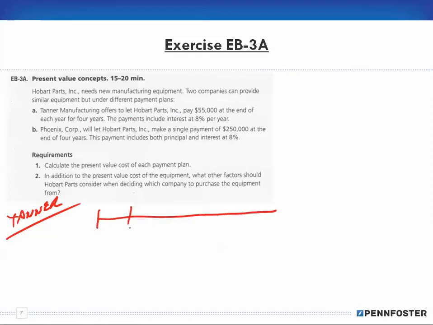So here's year 1, here's year 2, here's year 3, and here's year 4, and he's offering to allow them to pay $55,000 at the end of each year for 4 years. The payment includes 8% interest per year. So if they're paying $55,000 each year, that's an annuity.